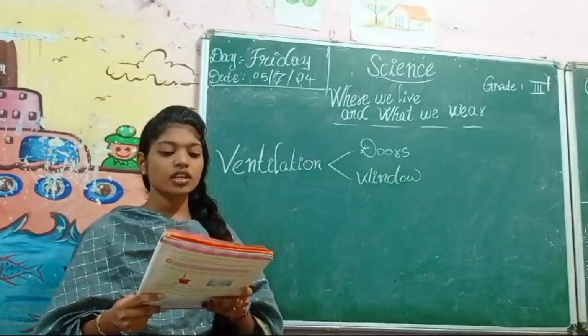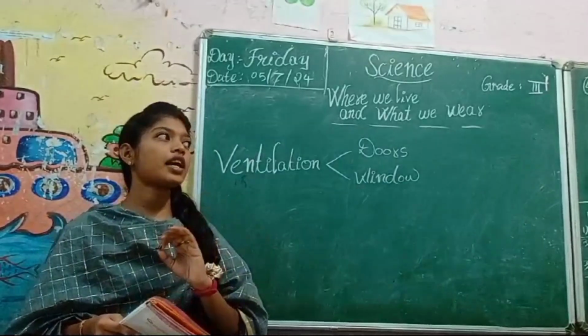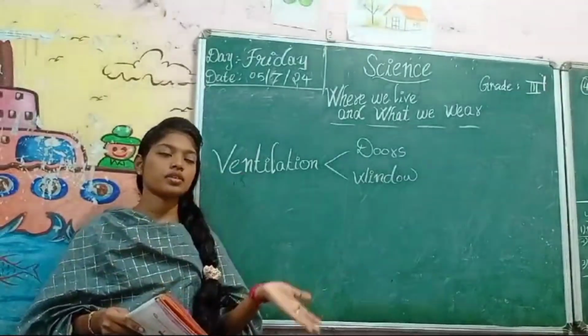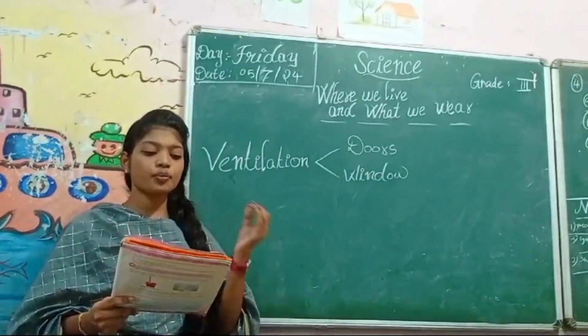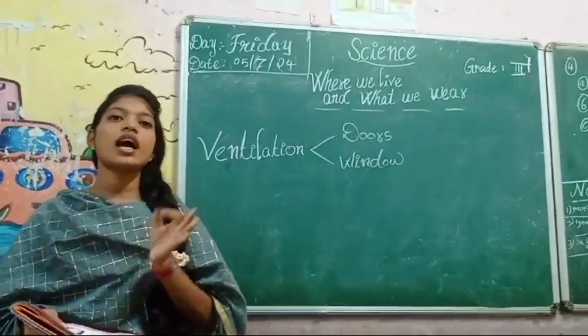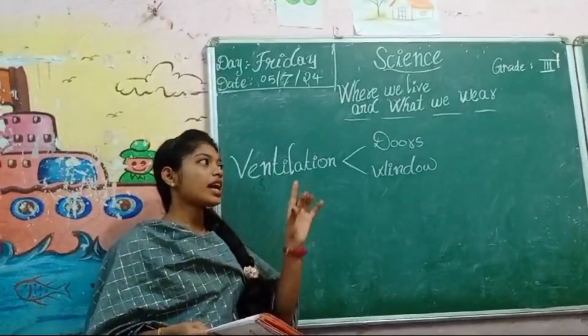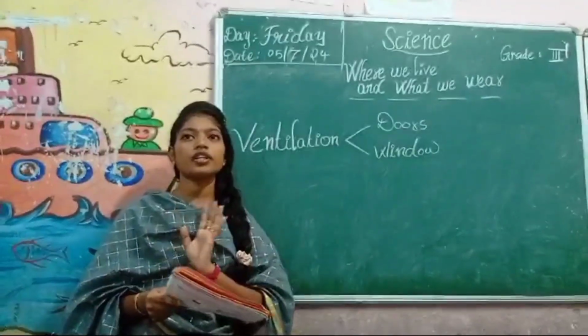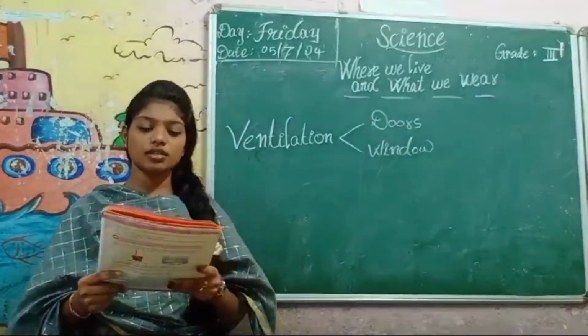For what? Through this net, no mosquitoes or flies come to our home. To prevent mosquitoes and flies, we need to put a net on our windows, not on the door, but on the windows.